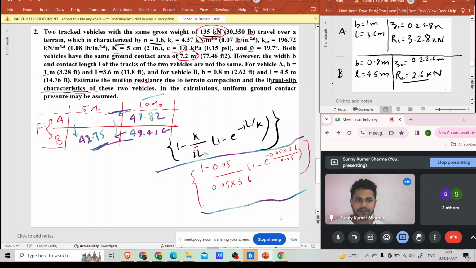Rolling resistance was also calculated for vehicle B. For 10% also I am getting 49.41 for vehicle B and 47 for A. Will you do the calculation again? So let me try it out.